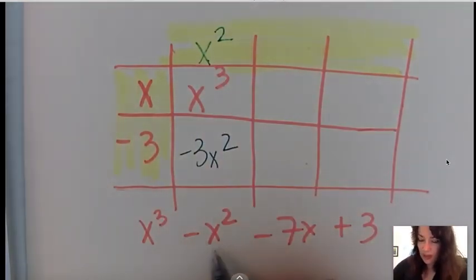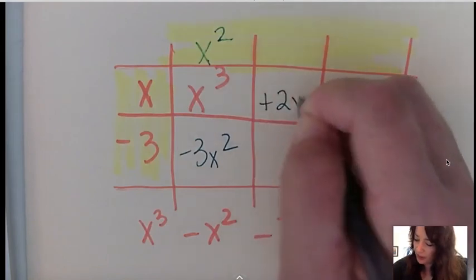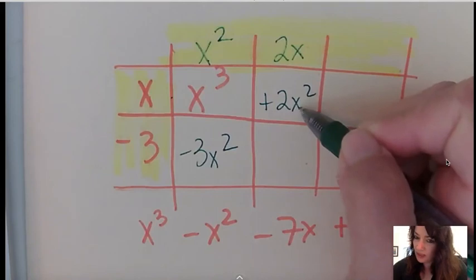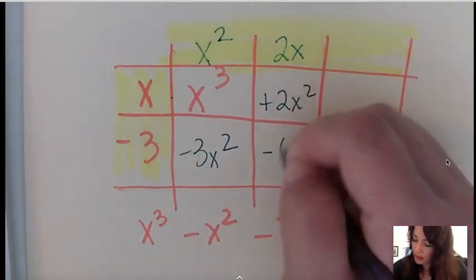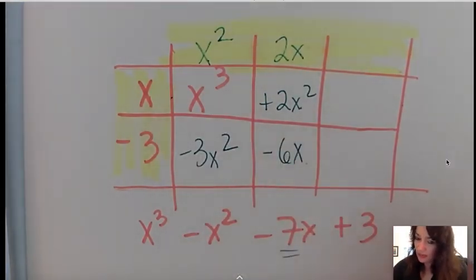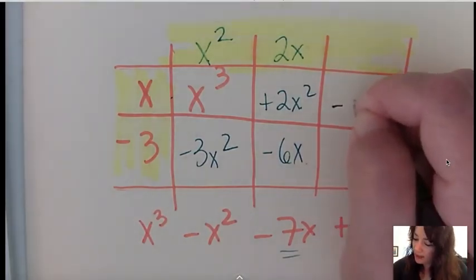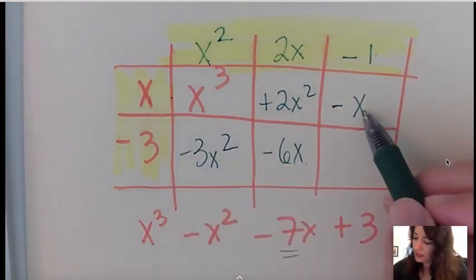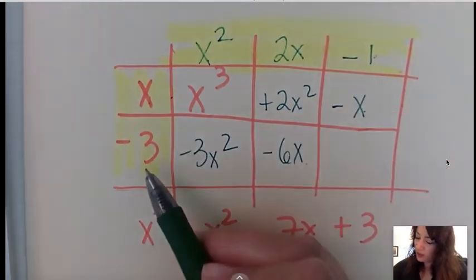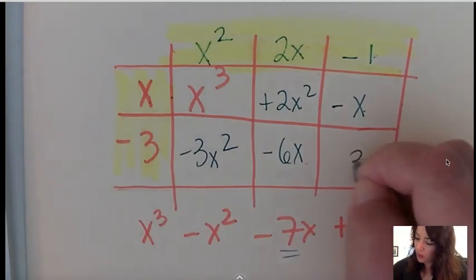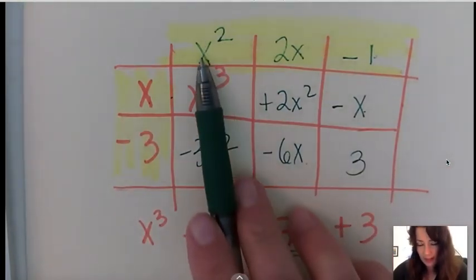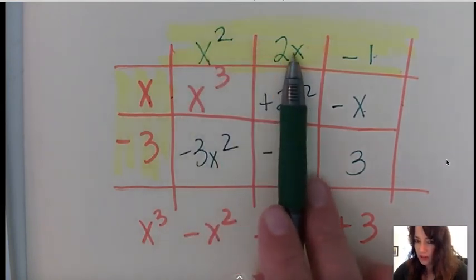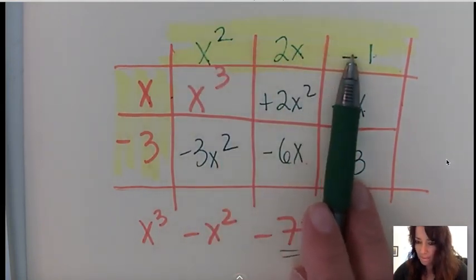We want negative x squared, so I'm going to add 2x squared, and this will give us 2x up here. 2x times x gives us this. 2x times negative 3 is negative 6. I want negative 7 next, so I will subtract x, and then this could only be negative 1. Negative 1 times x is negative x, and negative 1 times negative 3 is positive 3. So we could see that this again has a remainder of 0. So our next factor is x squared plus 2x minus 1.